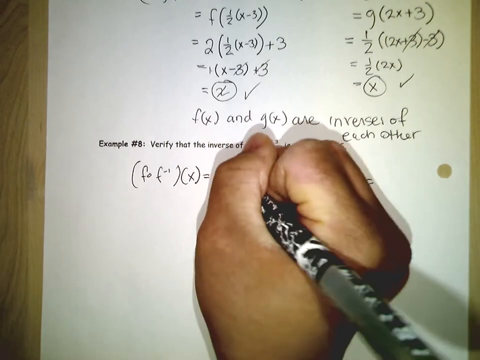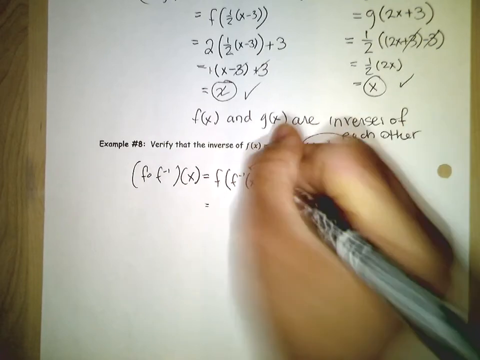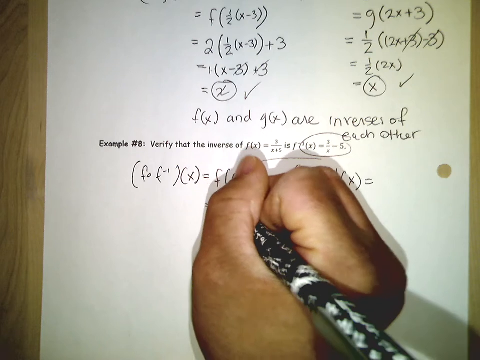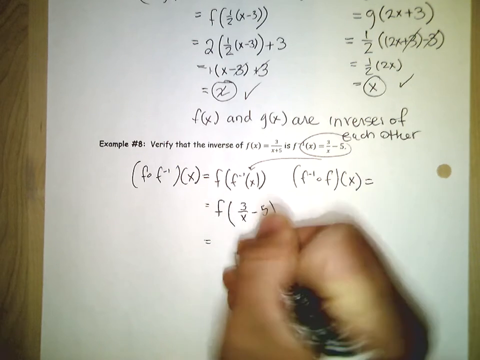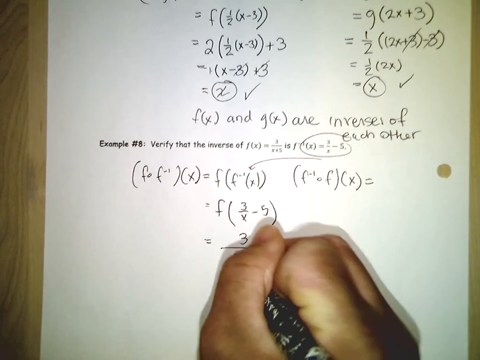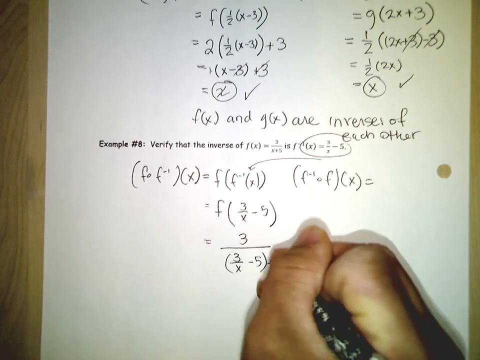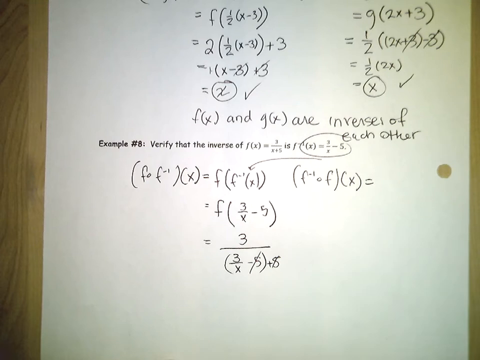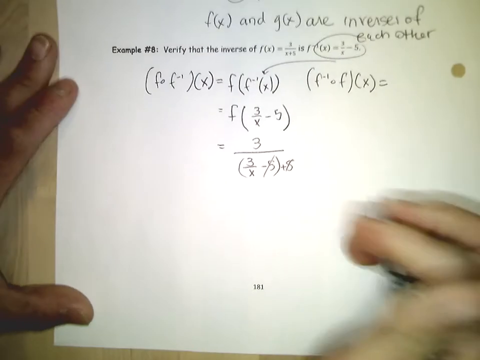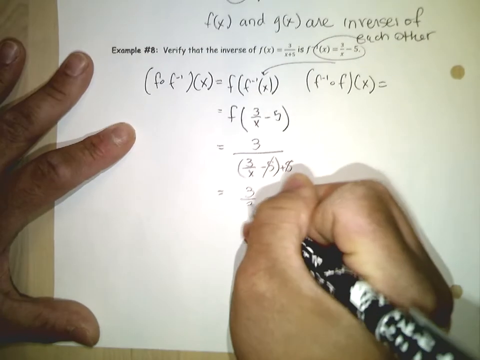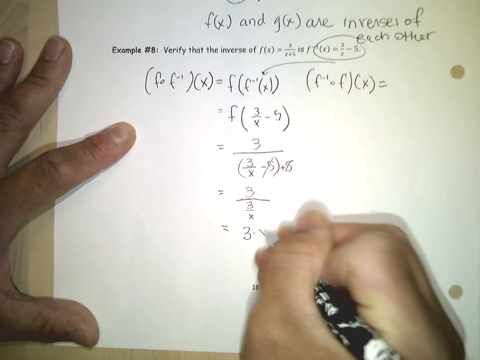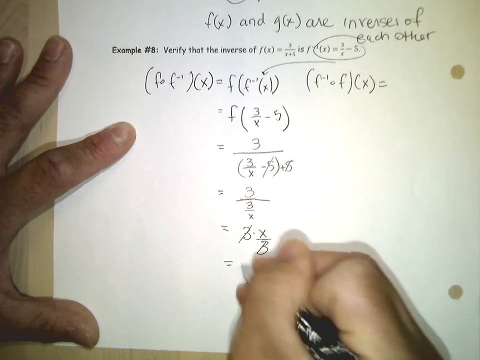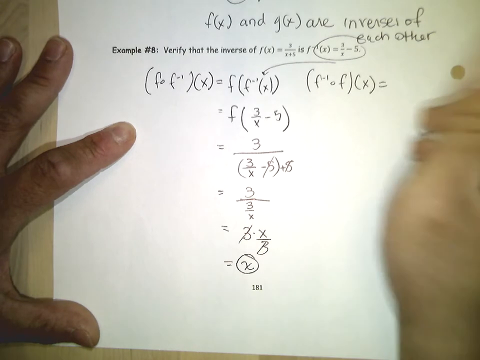So f of f inverse of x, I'll substitute f inverse of x into f of x. So I have f of 3 over x minus 5, which gives me 3 over x minus 5 plus 5. The 5's 0 out, and I'm left with 3 over x. I'll multiply by the reciprocal to get 3 times x over 3. The 3's divide out, and I get x.